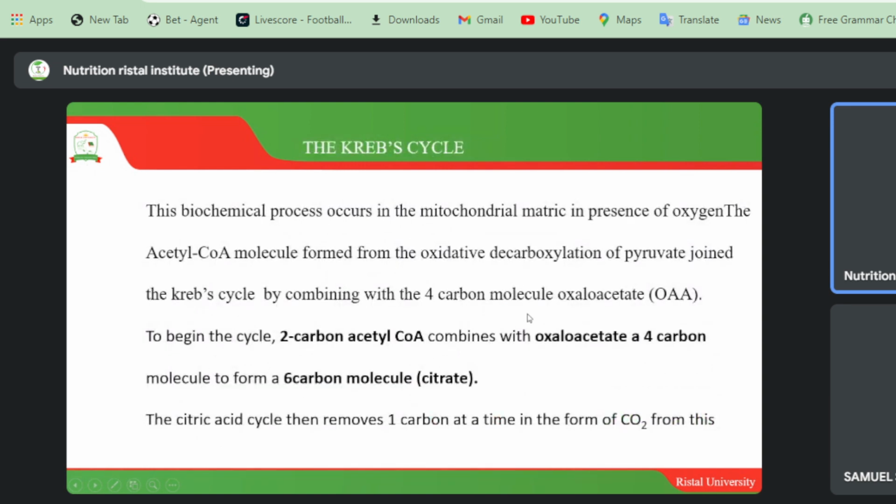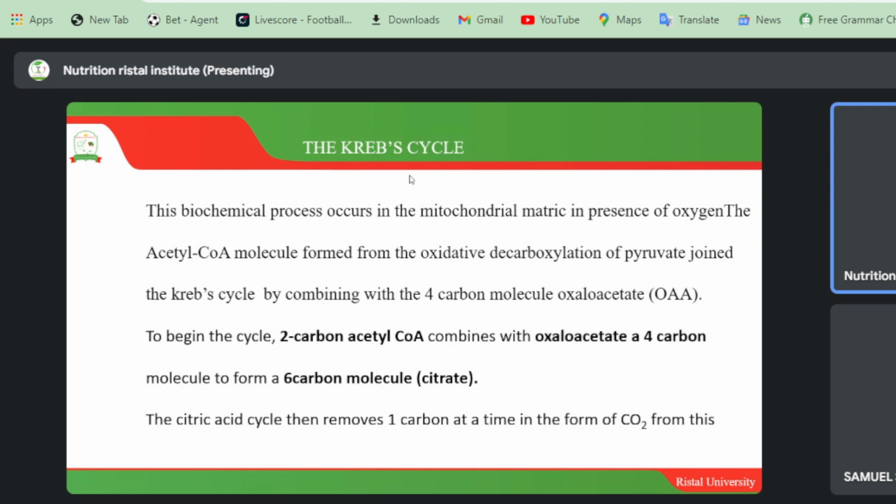Now, to continue into the point of focus today, we look at the Kreb cycle. This is a biochemical process that occurs in the mitochondrial matrix in the presence of oxygen.